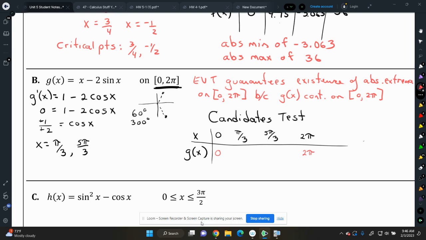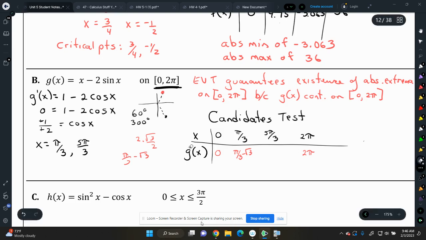Pi over 3. So what's the sine of pi over 3? That's going to be the square root of 3 over 2. We're multiplying that by 2, so it's the square root of 3. So I have pi over 3 minus the square root of 3. This looks like one that we really are going to need our calculator for.